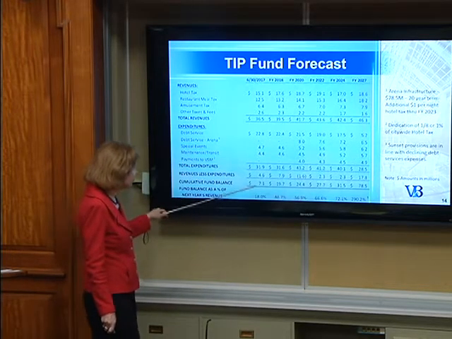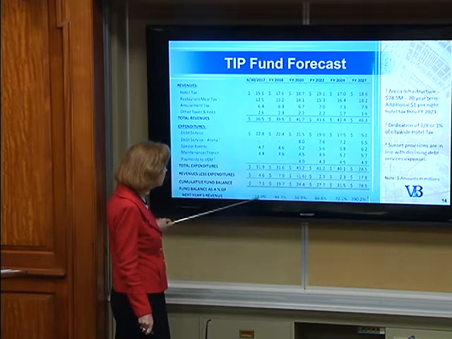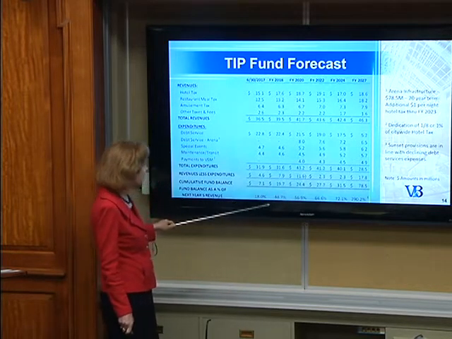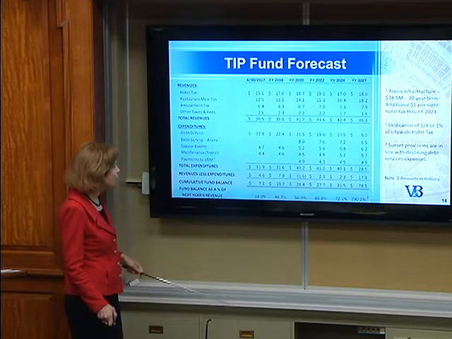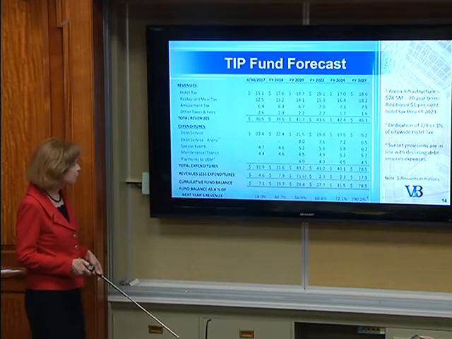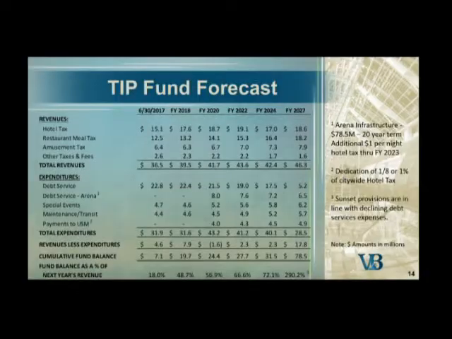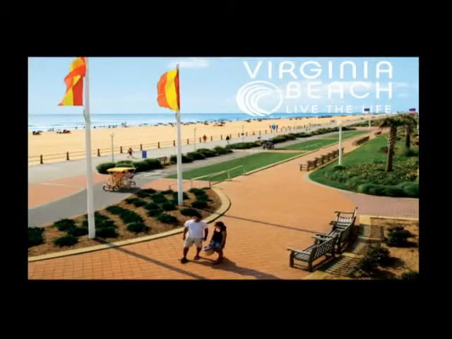And we look at our fund balance. We like to maintain about a 10% or more fund balance. You can see this is going to exceed that. So this fund balance is going to grow quite markedly over the next few years. It does not include anything about a field house or a parking garage at this juncture. And I'm going to turn it over now to Brad, who will walk you through.